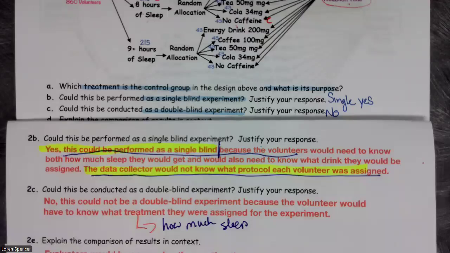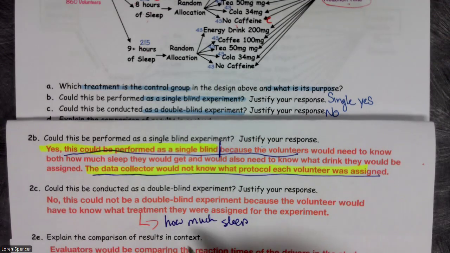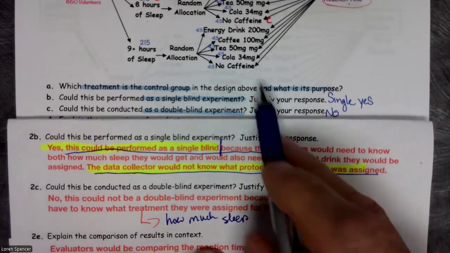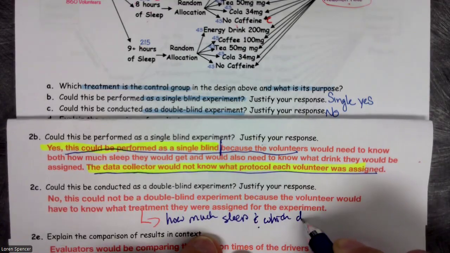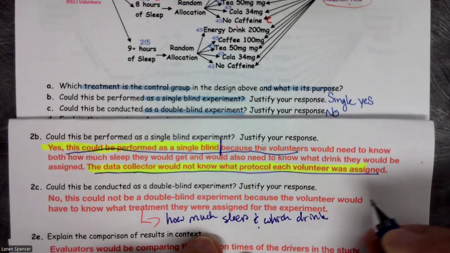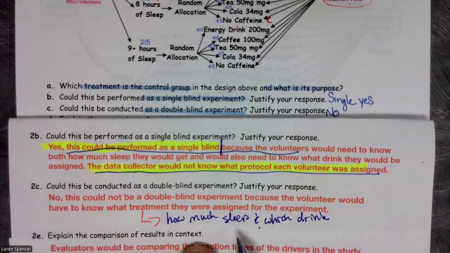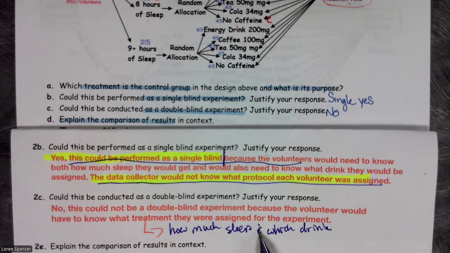They may or may not know what's in the cup that you gave them, whether it's coffee, tea, cola, etc. But they probably know that. They would know how much sleep, and likely by taste, they would know which drink. All right. They know which drink and how much sleep. So they pretty much know with this.